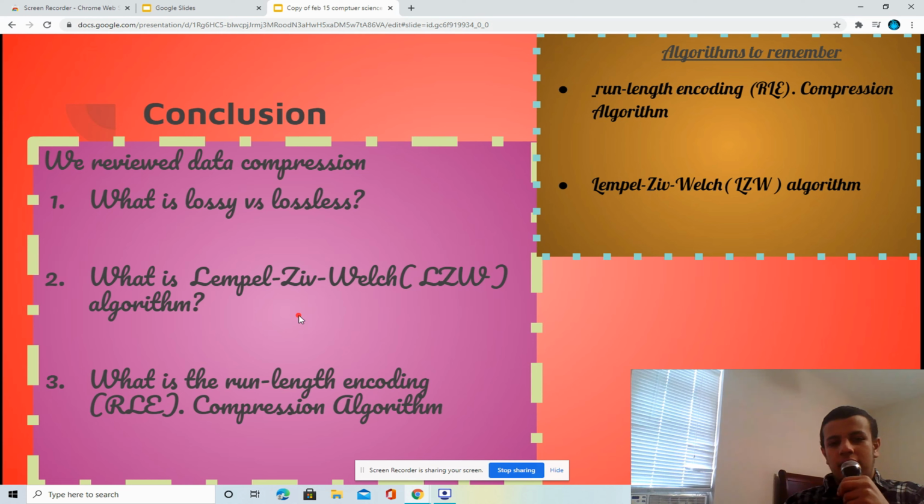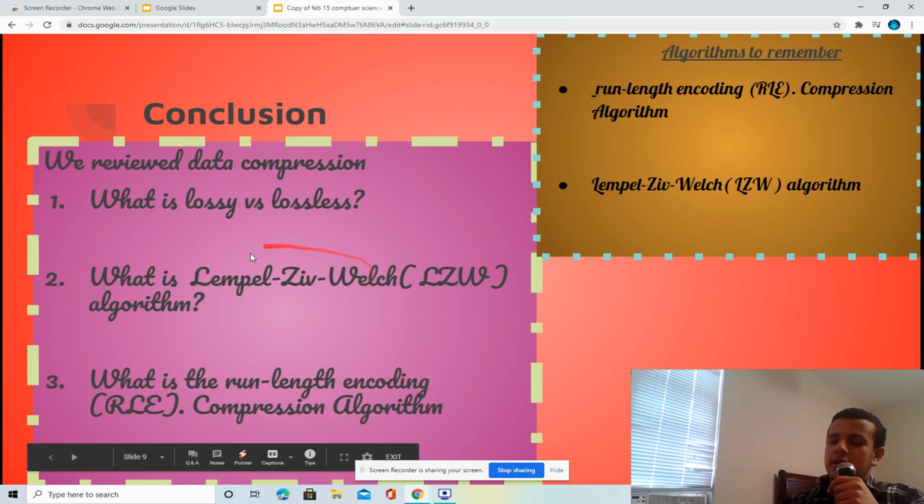Then at the end of the file it saves a dictionary of which characters are replaced and what they map to. So it'll save th and then the symbol we mapped it to. Again, this is just review from two lessons ago. Lempel-Ziv-Welch, LZW, goes with text compression.